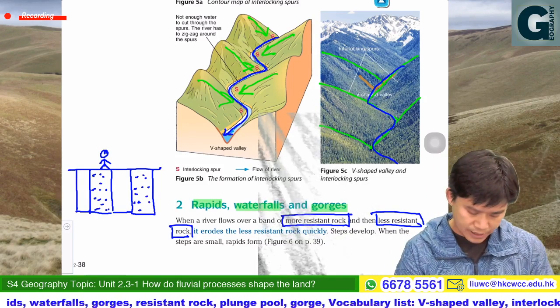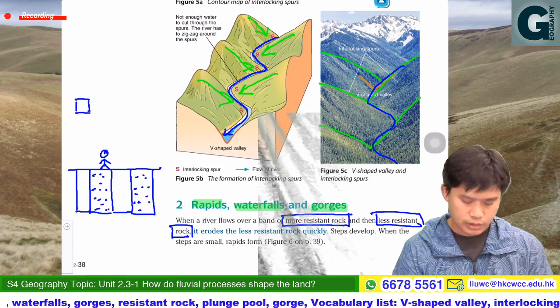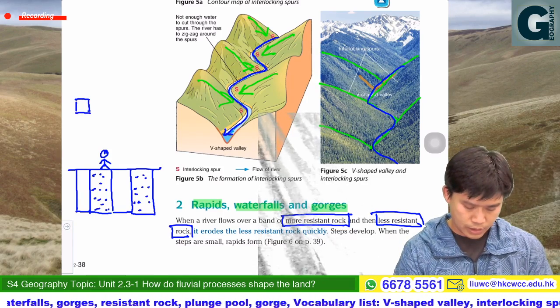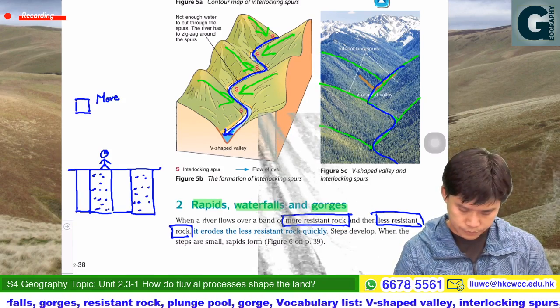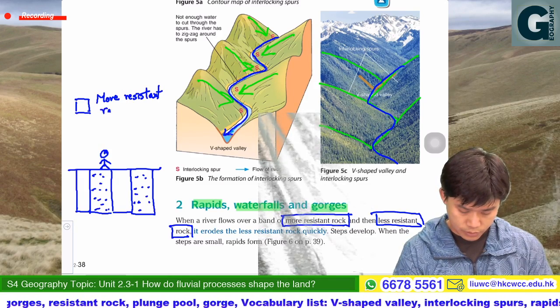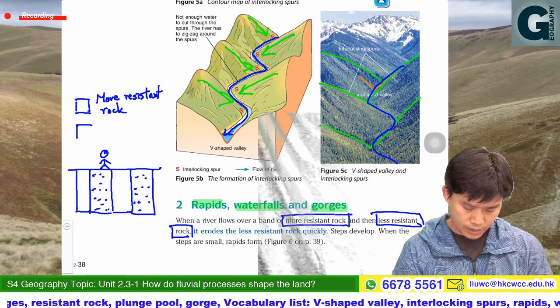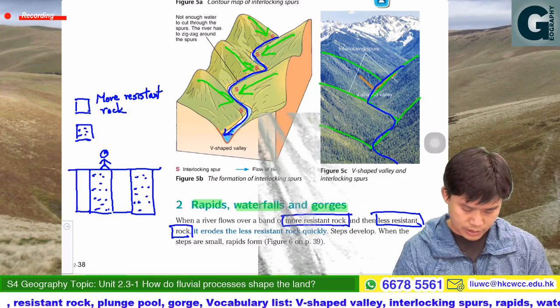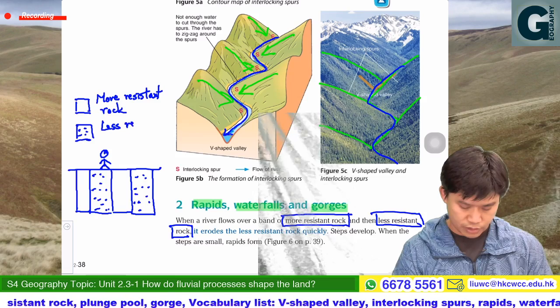Imagine that this would be more resistant rock and the layer with dots less resistant rock.